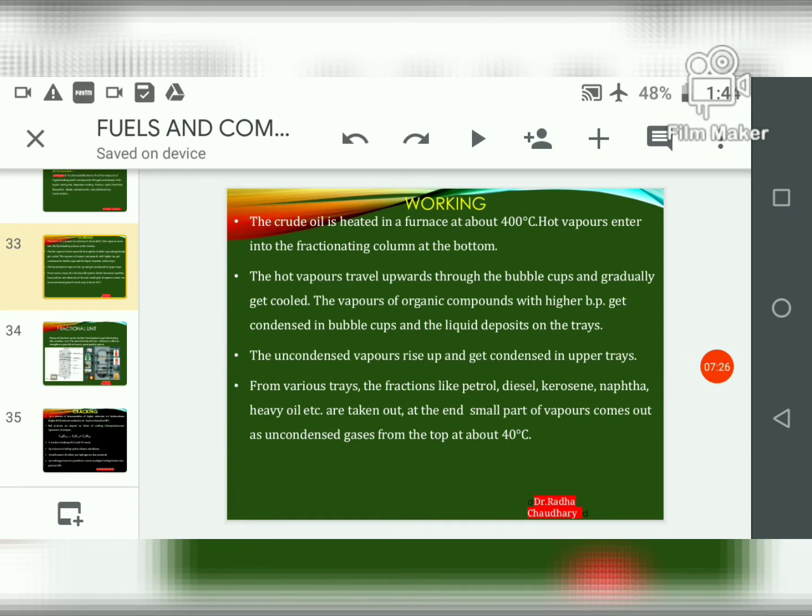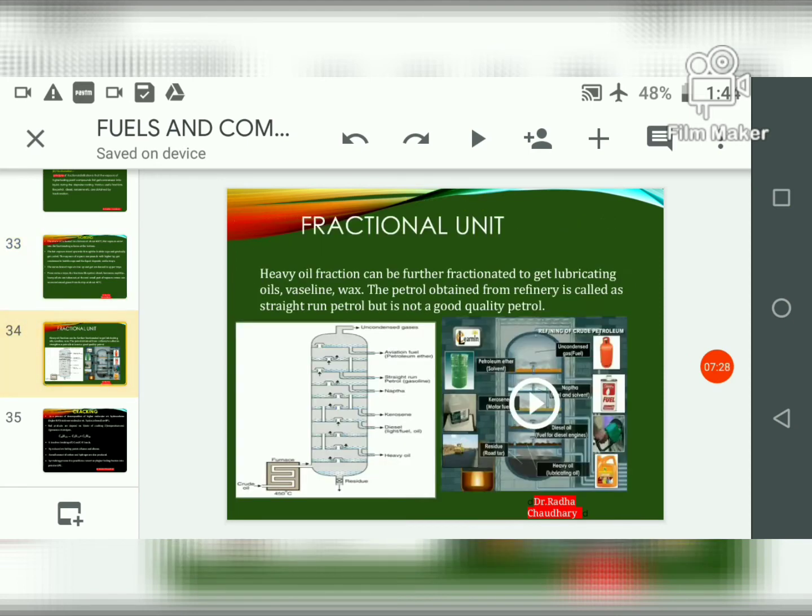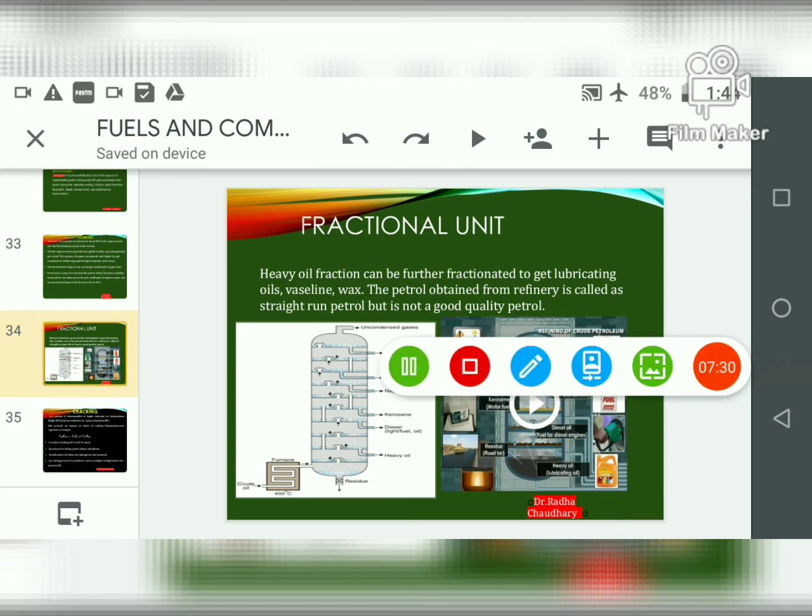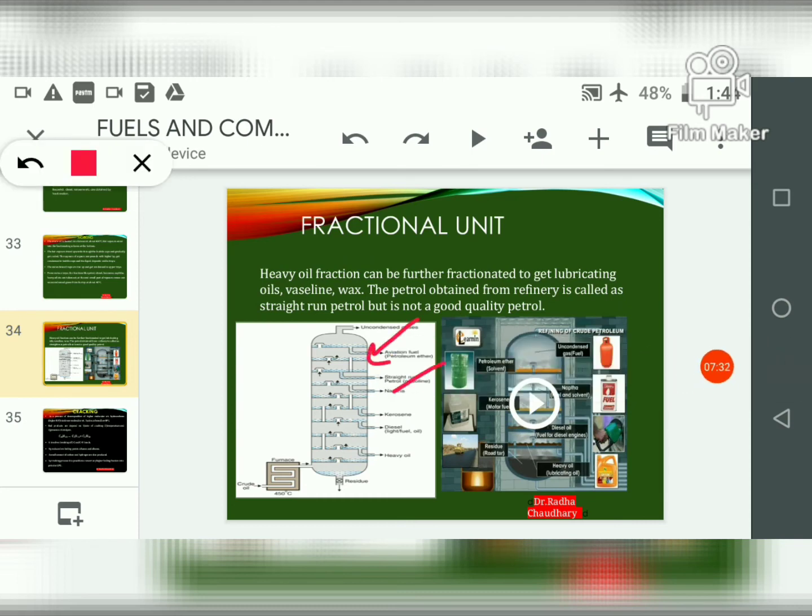If we see the fractional distillation column, there are a number of baffle trays. These baffle plates are at a short distance, and these trays are provided with individual chimneys which are covered with a loose cap.